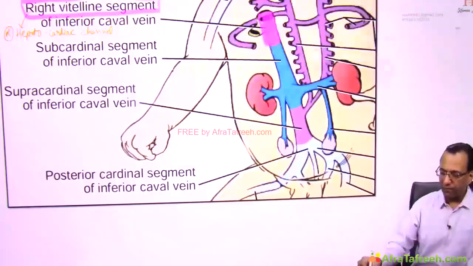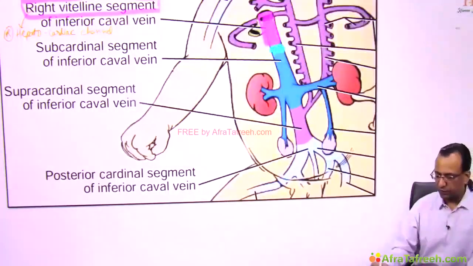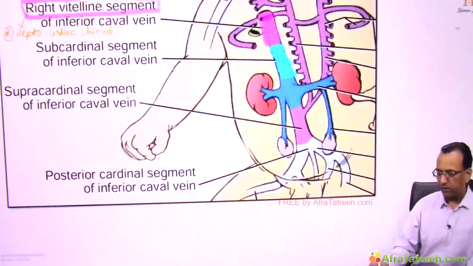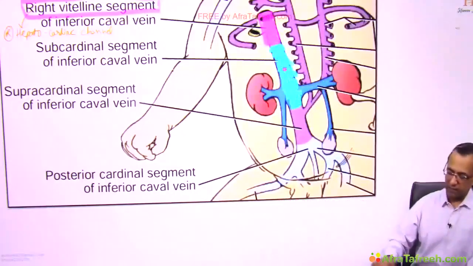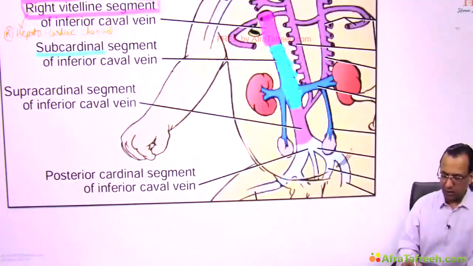Now, the inferior vena cava has one more portion, which is the renal and suprarenal portion, meaning wherever the kidneys are, and above that. Which vein is contributing there? It is the subcardinal vein.